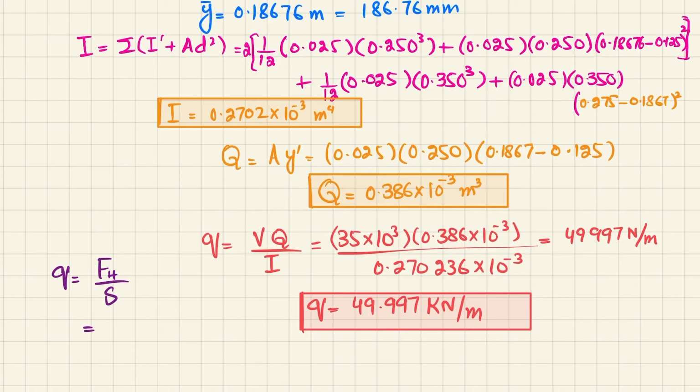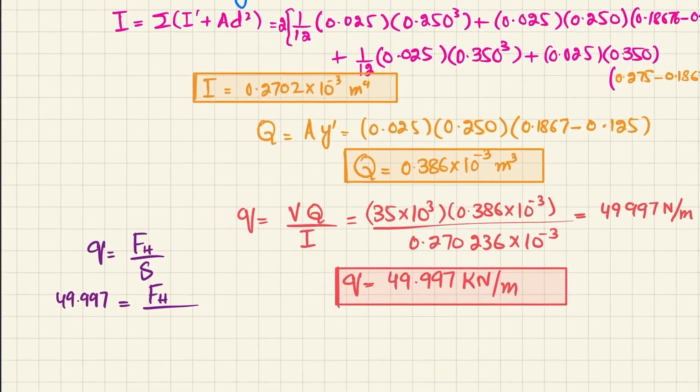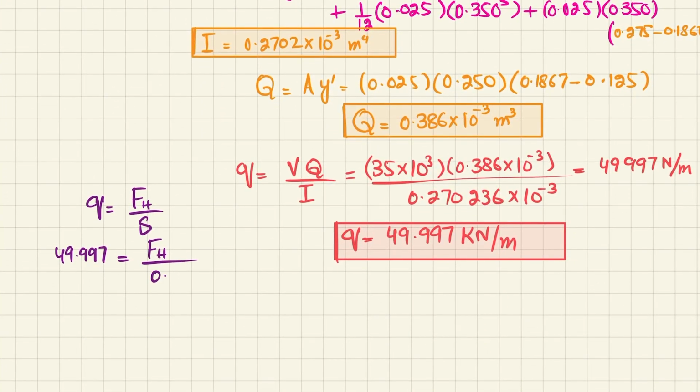So q is 49.997 kilonewton. We need FH, and S is the distance, which is 250 millimeter. So you can see S is 250 millimeter. So in terms of meter, it is 0.25.